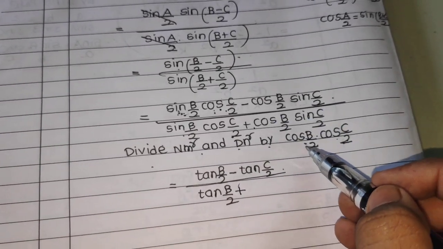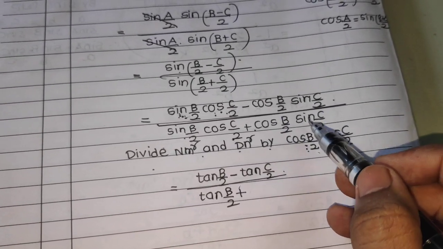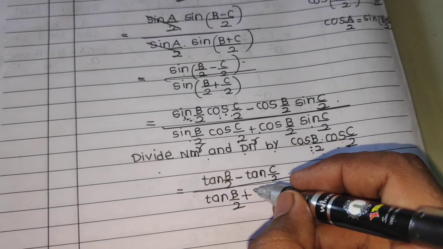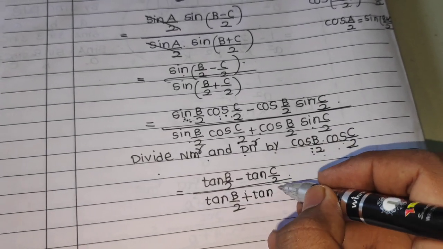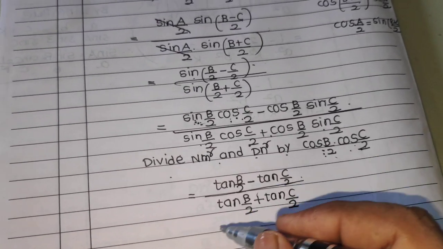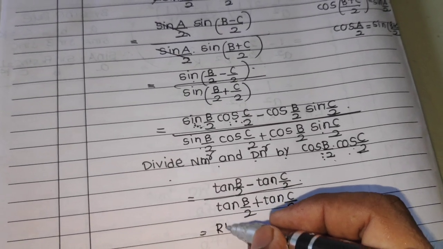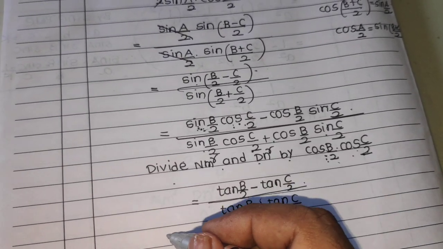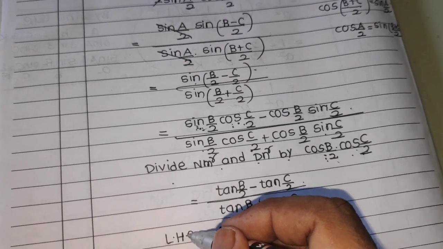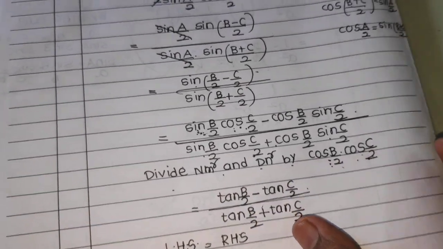Cos b by 2 divided by cos b by 2 will be 1. Sin c by 2 divided by cos c by 2 will be tan c by 2. So very interesting, a question full of formulas.